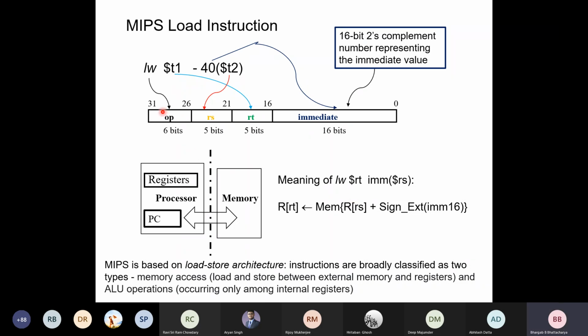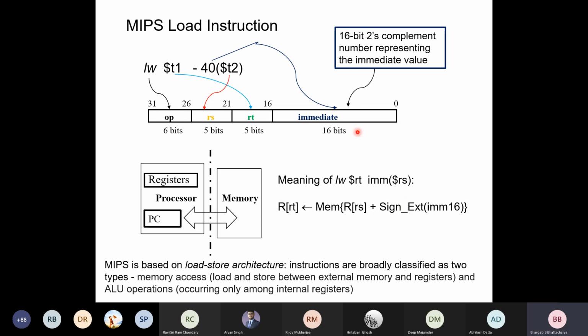So the meaning of this load instruction is the following. You look at the content of this register RS, the source register, and then you pick up this 16-bit 2's complement field, consider it as the offset, and do sign extension to make it 32 bits.